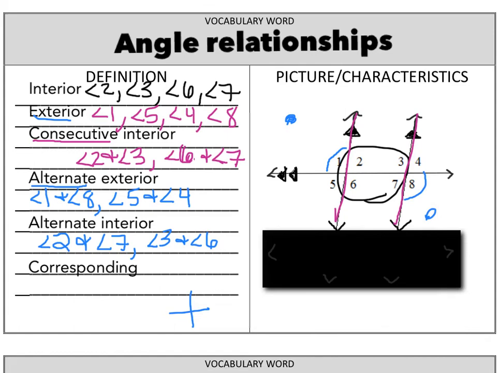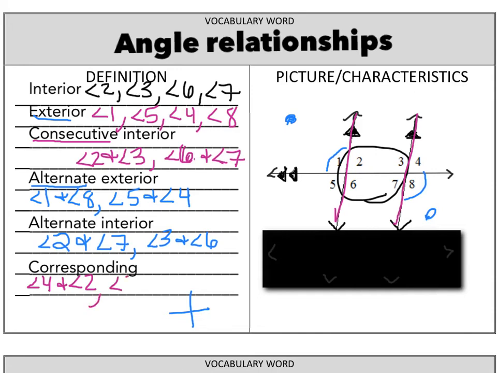So looking on the right side, within these 4 angles, 4 is on the top right. So angle 4 corresponds to which one on this side in this group of 4 angles? That would be angle 2. So angle 4 and angle 2 correspond because they're both technically the top right.